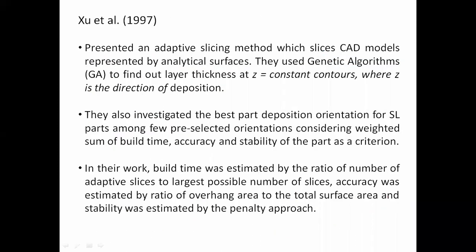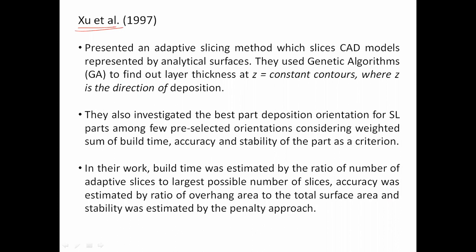Now, based on the idea developed by Alexander and earlier also, Zhu developed a new methodology in order to determine the orientation. Now, if you remember, all the previous models were basically based on uniform slicing.